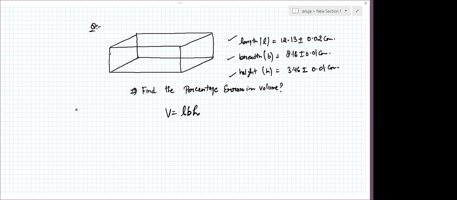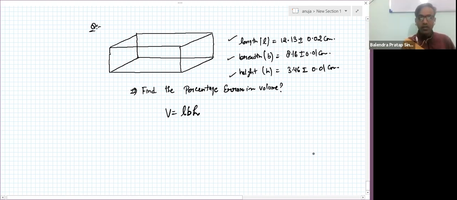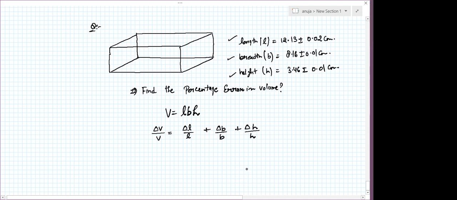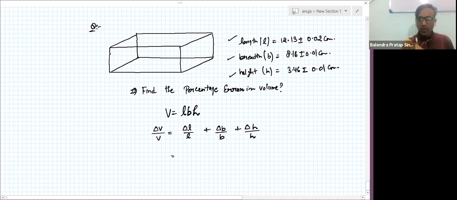Sir, actually, I'm not getting the answer. Can you explain? Yes. So here the relative error in V can be found using this concept: delta V upon V is equal to delta L upon L plus delta B upon B plus delta H upon H. Is it clear up to now? Yes, sir. So delta L is the error value and L is its true value.